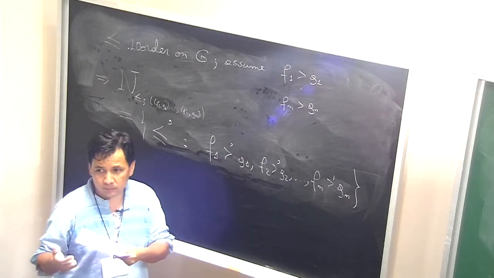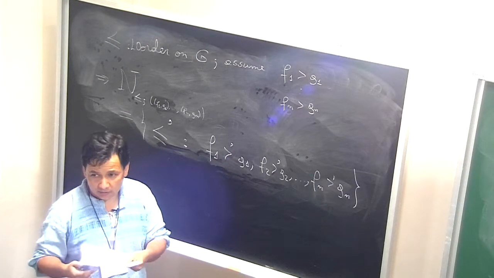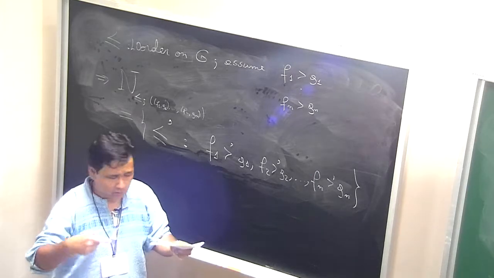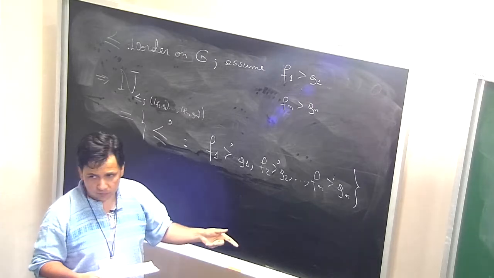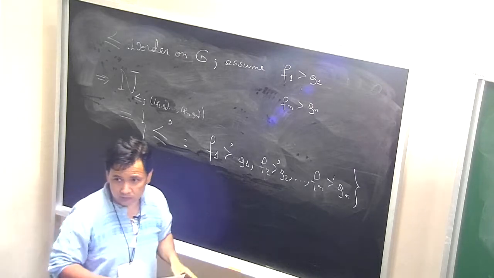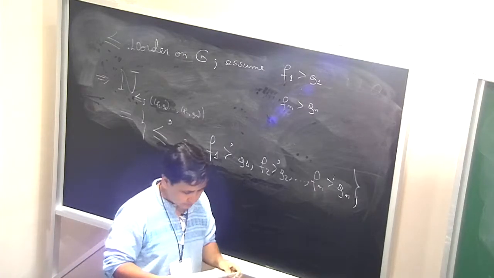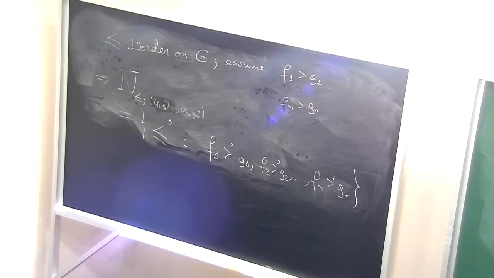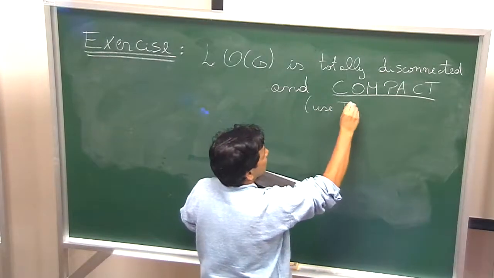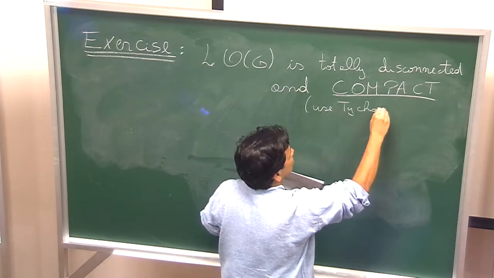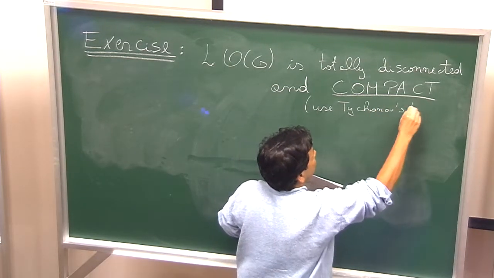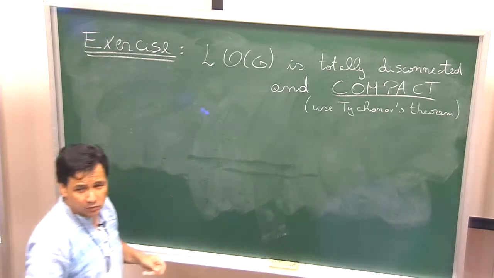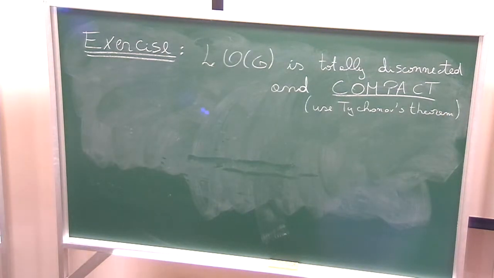So you do an argument like yours, not in the space of all maps, but in the space of maps that satisfy these properties. So use compact open topology? No, use Tychonoff's theorem.